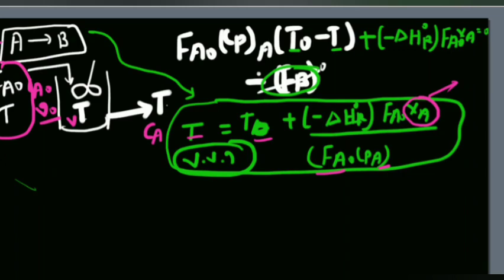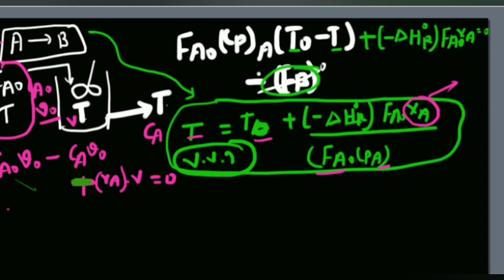You can write Ca naught into V naught, the inlet flow rate, minus the reactant going out with volumetric flow rate V naught, Ca into V naught, minus of Ra into V, that is equals to 0, because a CSTR operates at steady state. That's why there won't be any accumulation term. Sorry, here this will be minus.